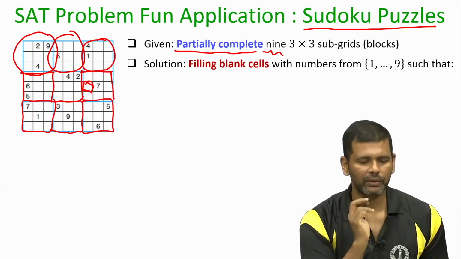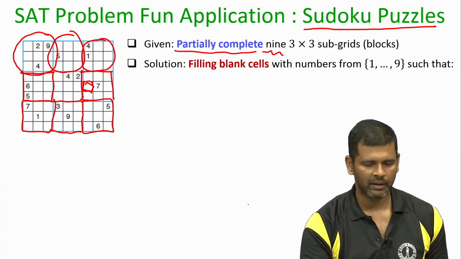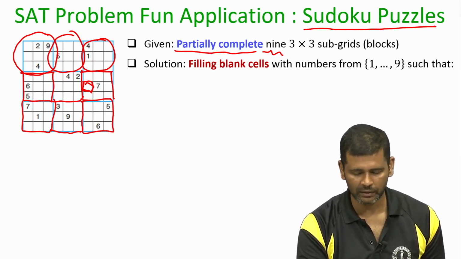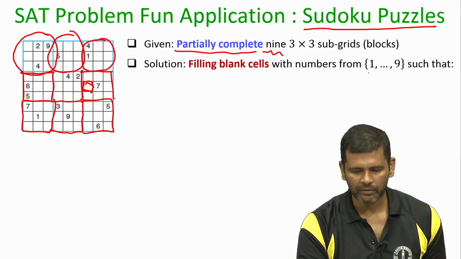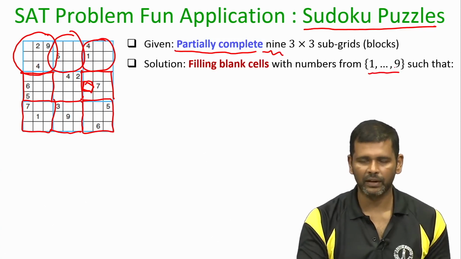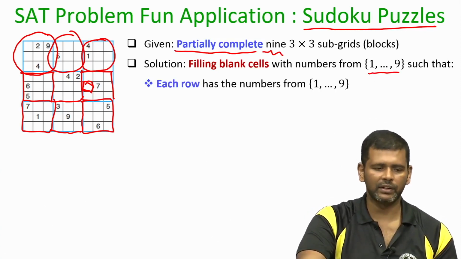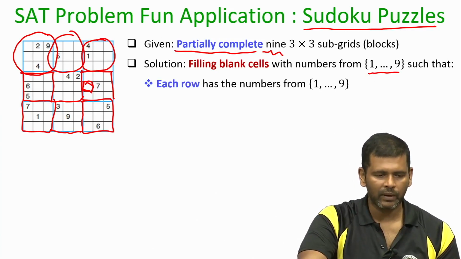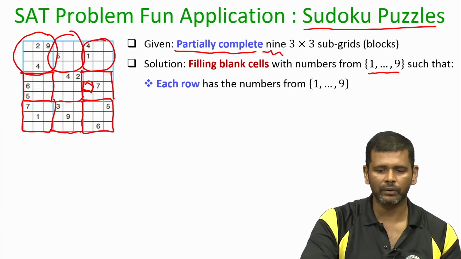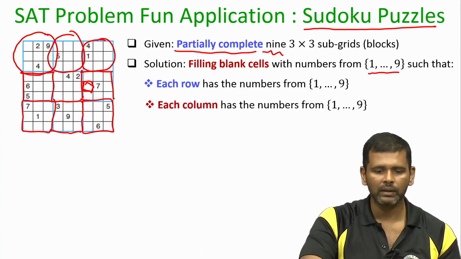So, what does the solution of this Sudoku puzzle demand? You have to fill the empty cells with any number in the set 1 to 9, but there are some restrictions. Once you fill the empty cells, each row should have the numbers 1 to 9 exactly once.